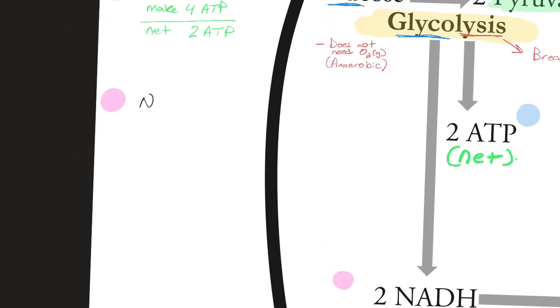NAD, just another molecule. I'm not going to draw it. You don't have to know its shape. Just know NAD is called an electron carrier. That's all it does. It carries electrons.